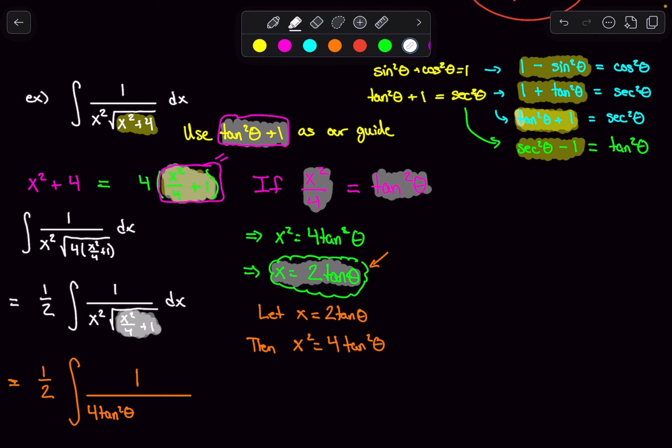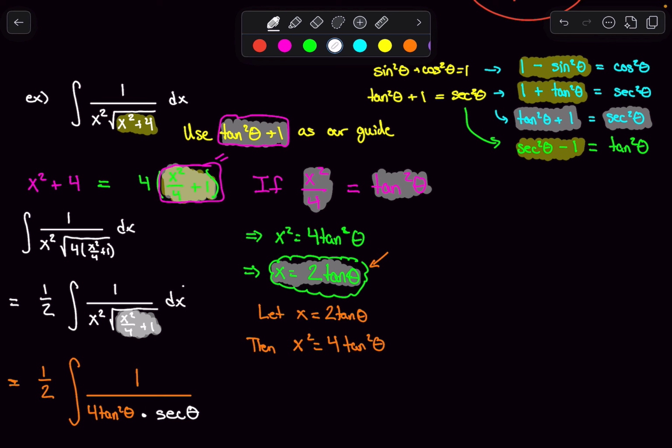Tangent squared plus 1 is secant squared, but I'm taking the square root of secant squared, so when all the dust settles, I'm just going to have secant of theta there in the denominator.